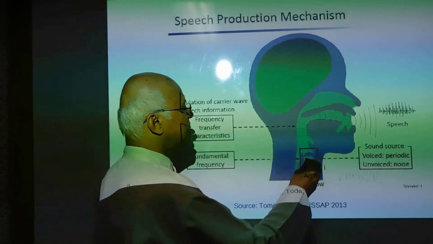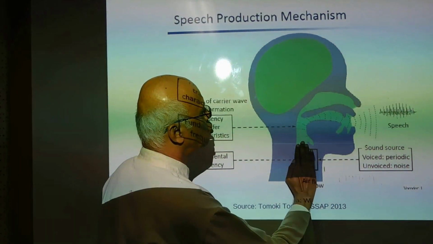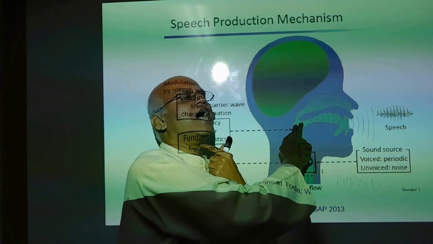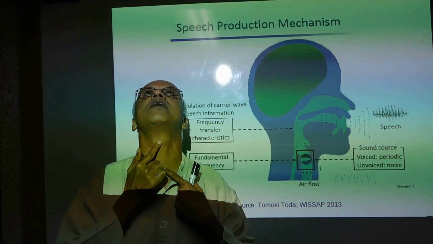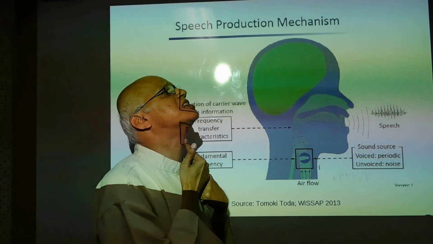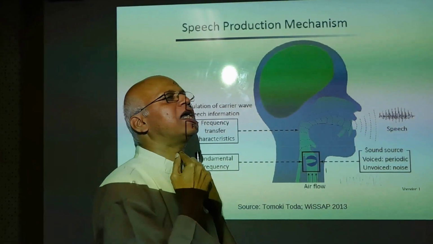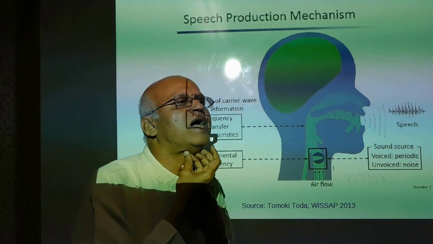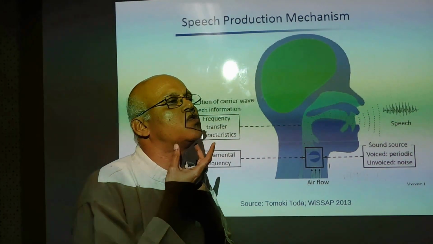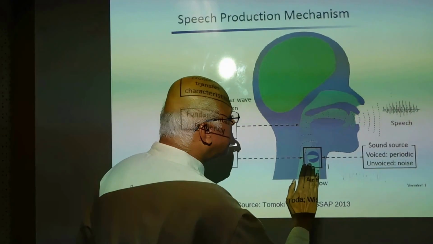As a result of this, puffs of air come from the lungs to the air cavity above the glottis. This is the voice box, as it is called, the kind of bulge that we see here. That is where the glottis is, and from there the puffs of air, or pulses of air, packets of air come through to this air cavity and come out through the mouth.